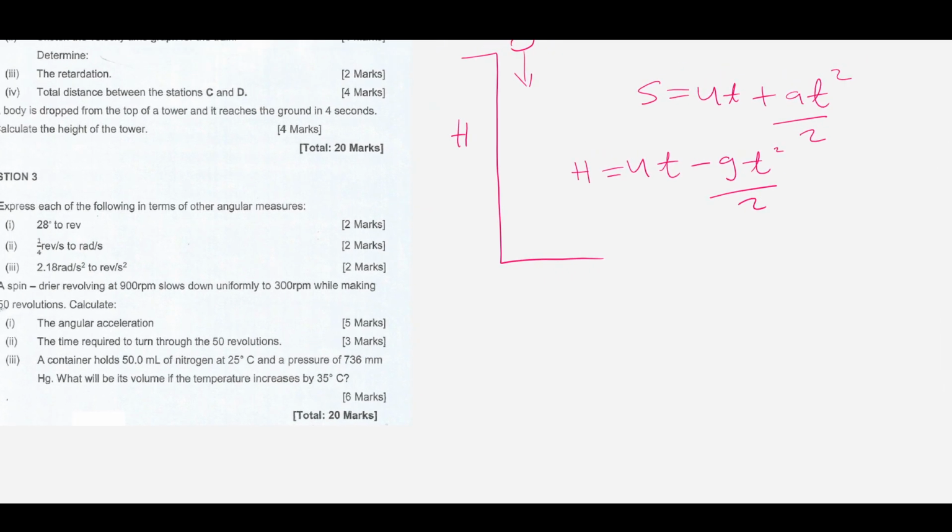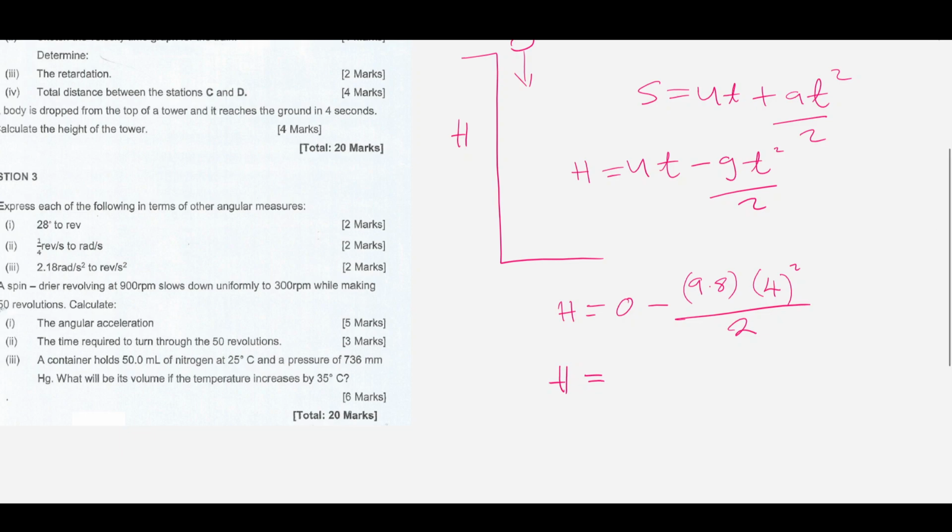Our h will be given by h is equal to, we know that u is equal to 0, minus g is 9.8, times t is 4 seconds, so 4 squared, and then everything over 2.